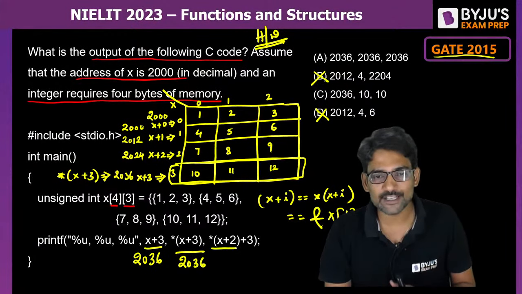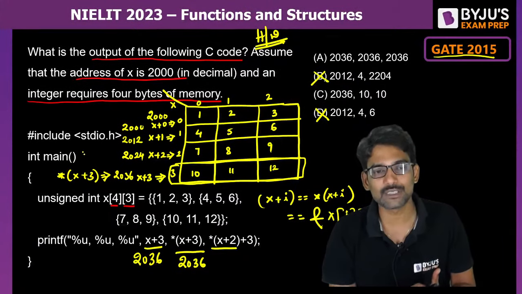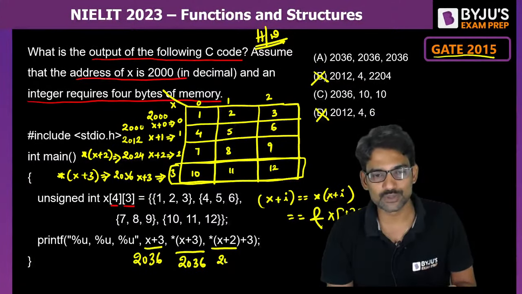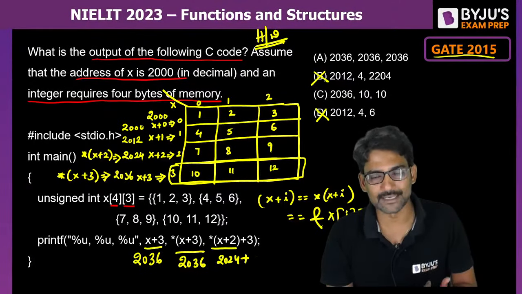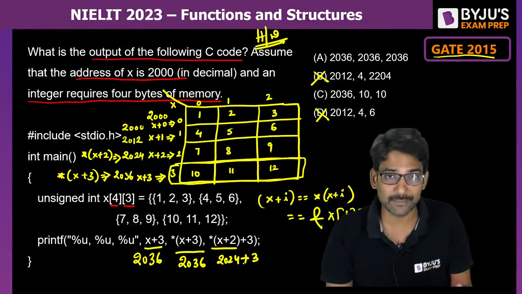And star of X plus 2 plus 3. Star of X plus 2 would be what? A pointer pointing to row 2. It would be 2024 plus 3 in pointer arithmetic.